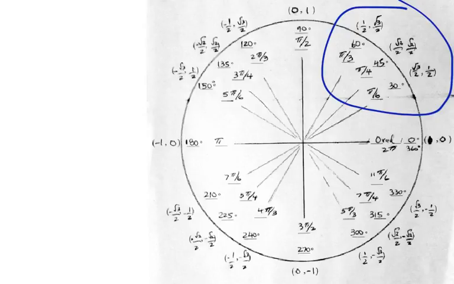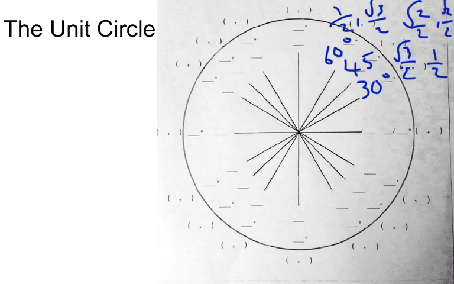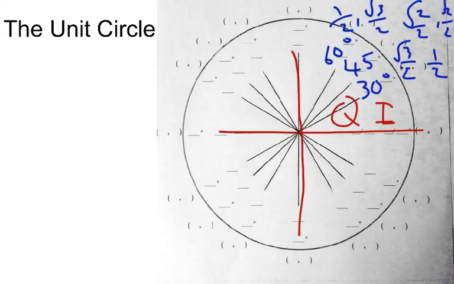Now, what we're doing on the other parts of the circle, let's go with something basic. This is Q1, quadrant 1, and I'm dividing the coordinate plane.